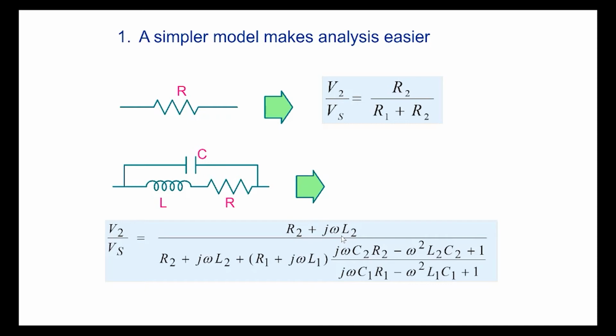So when we use a simpler model, it makes the analysis simpler. You're able to quickly calculate, get an estimate of the numbers that are there in the circuit, and also you're able to obtain a result which is understandable. You can understand what the circuit is doing, and that's an important part of whenever you're looking at something new for the first time.